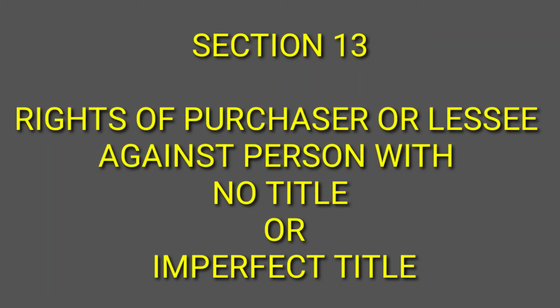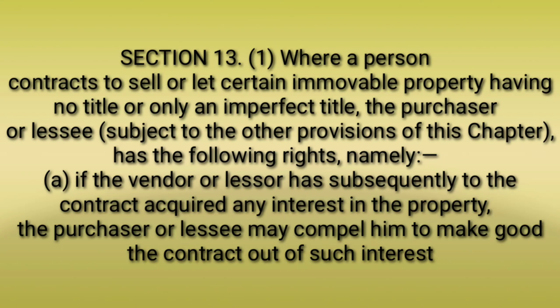For example, A is the father and B is his son, and B will get the property after the demise of his father. So at that time B has an imperfect title. Alright, so let's understand Section 13. Section 13 subsection 1 says: where a person contracts to sell or let certain immovable property. Here Section 13 subsection 1 is talking about immovable property.